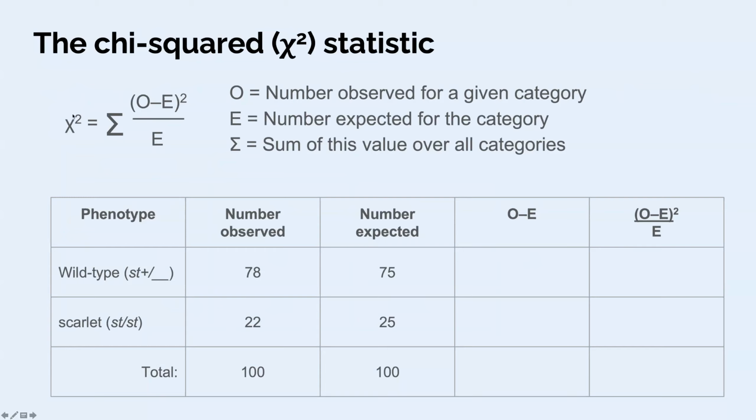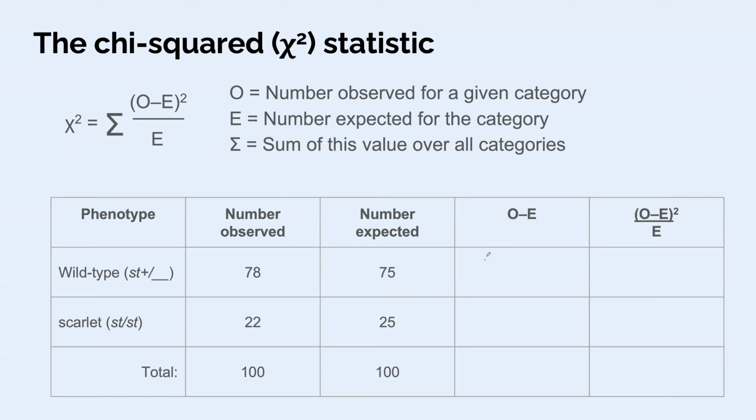We don't have to worry about substituting anything in for these. This is just the symbol that tells us what kind of test we're running. It is equal to the sum, that's a capital letter sigma, to sum over all values of this equation, observed minus expected squared, all that over expected. Not too hard, right? So let's do an example here.